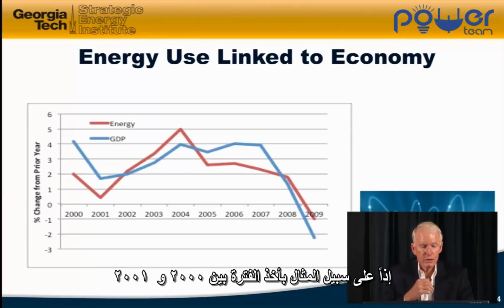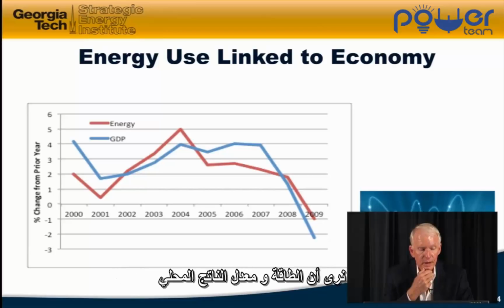So, for instance, going from 2000 to 2001, we see that the gross domestic product went down in its growth rate, from a 4% increase in the previous year, down to 1.5%.